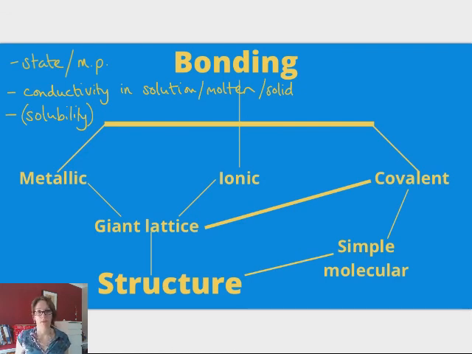When it comes to simple molecular, if you're comparing them, by contrast, you would say it has a very low melting or boiling point. That's because you only have to break intermolecular forces, which are much weaker than any of the 3 types of bonding. And that's about it.